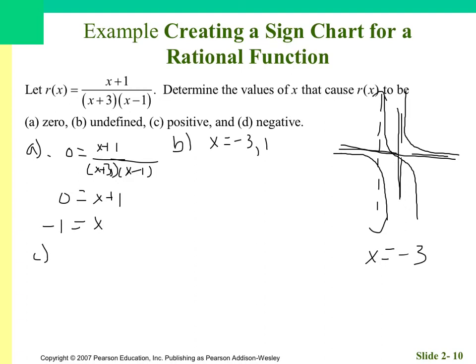So for C, I go from negative 3 to negative 1, and then union this other vertical asymptote was at x equals 1, so it would be 1 to infinity.